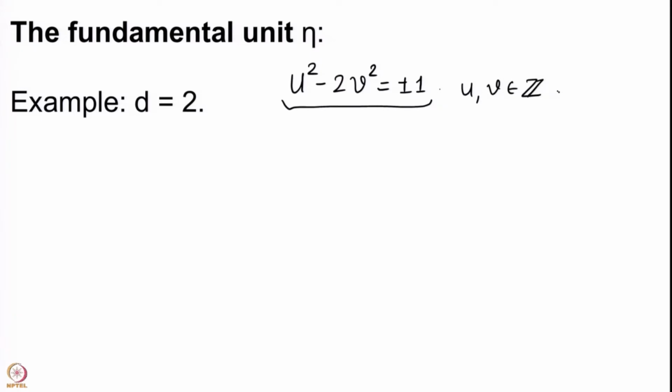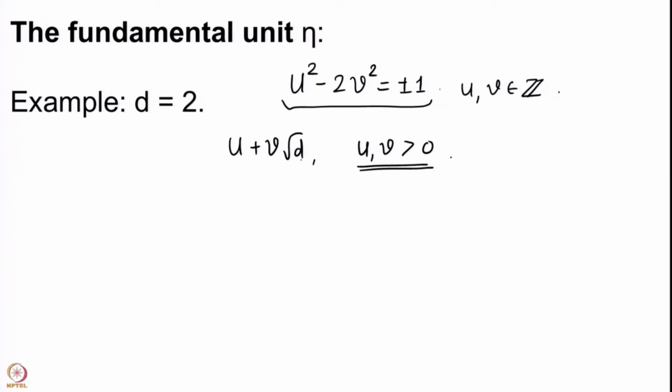We have also noticed that when you look at the fundamental unit u plus v root d, then both u and v are positive. So, we should start with the first one, which is 1 and 1.